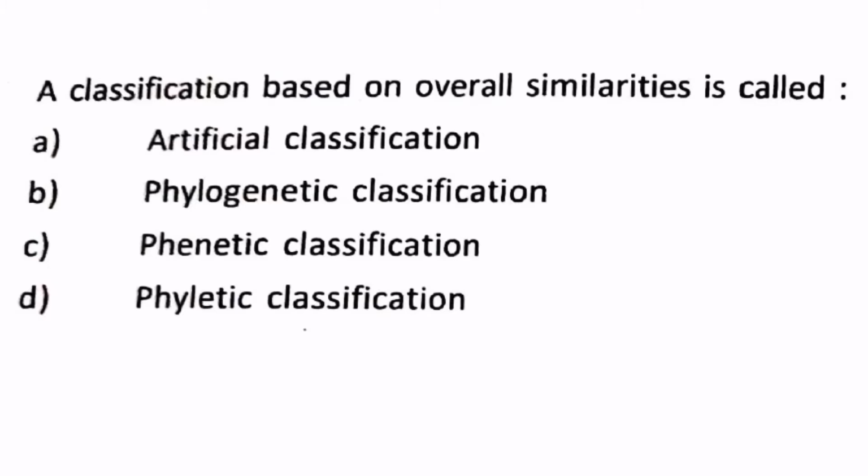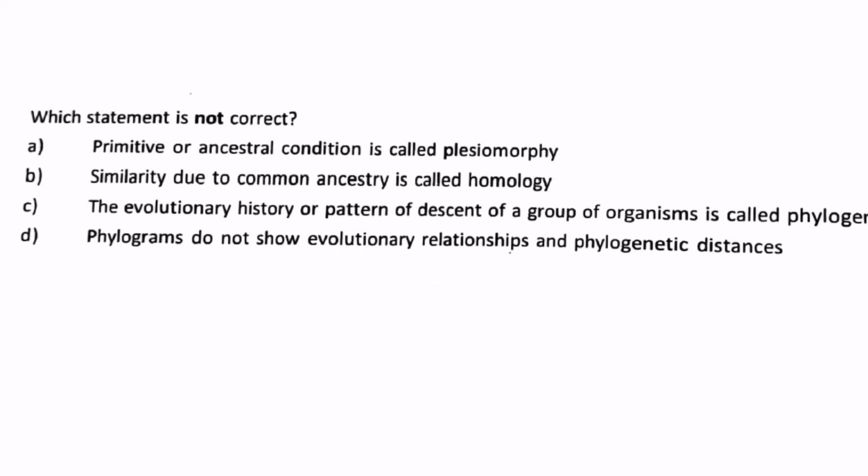Phylogenetic classification is based on evolutionary basis. And phenetic classification is the answer because it includes classification based on overall similarities, and phyletic classification is more or less the same as phylogenetic classification. So our answer is phenetic classification.